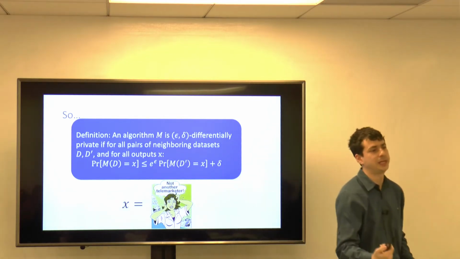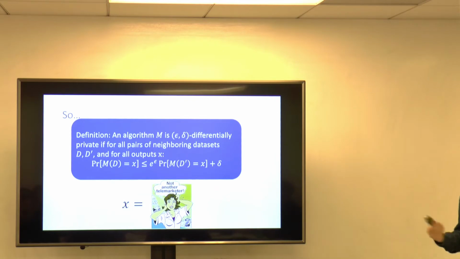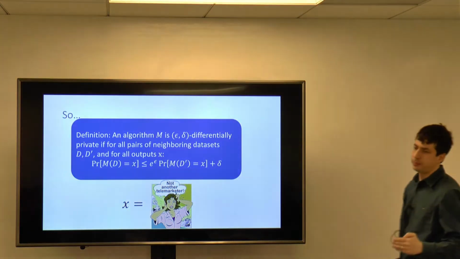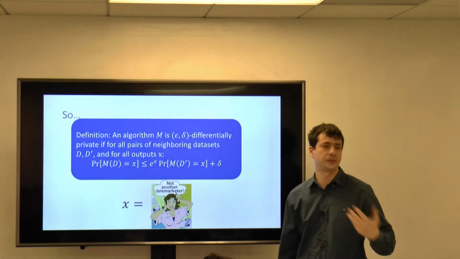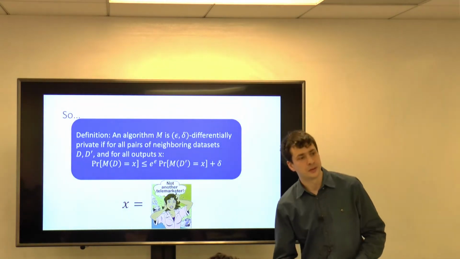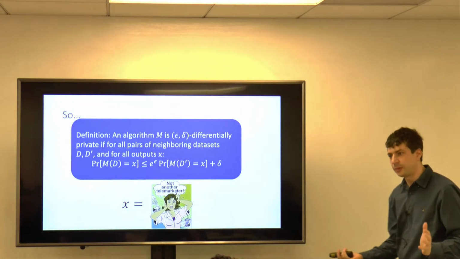So it's a strong safety guarantee. It's promising no matter what you're worried about, that thing won't become much more likely if you allow your data to be used. So that's one of the strong semantic meanings of differential privacy.